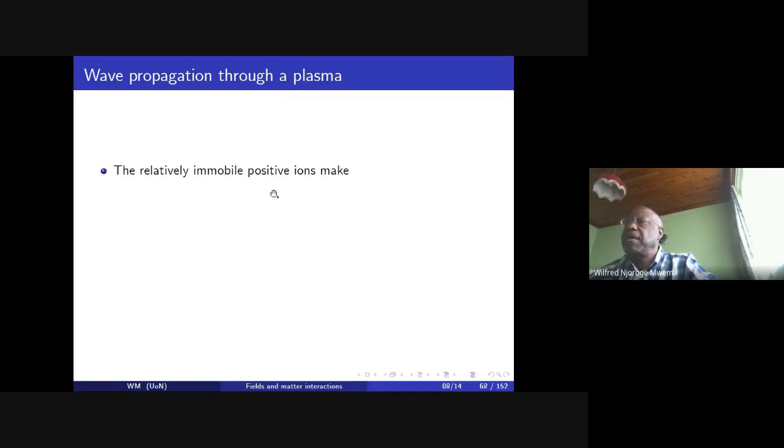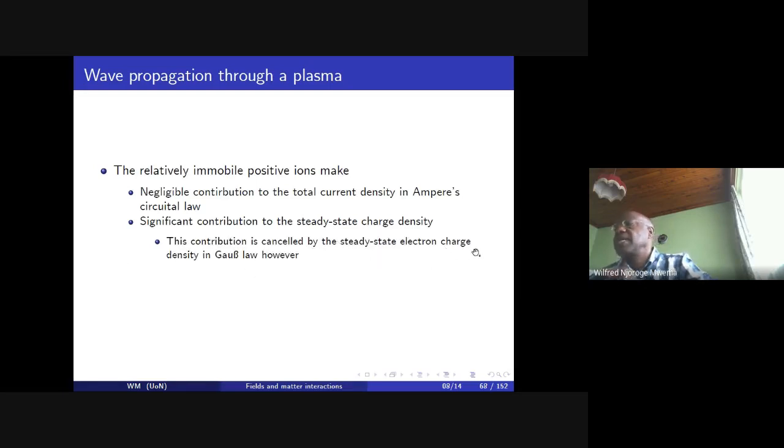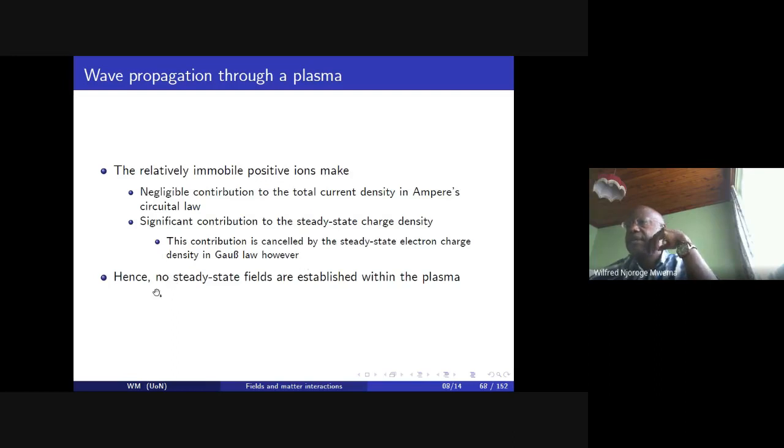The relatively immobile positive ions make a negligible contribution to the total current density in Ampere's circuit law, and a significant contribution to the steady state charge density, however. This contribution will be cancelled by the steady state electron charge density in Gauss' law, and therefore can be removed. And therefore, no steady state fields are established within the plasma.